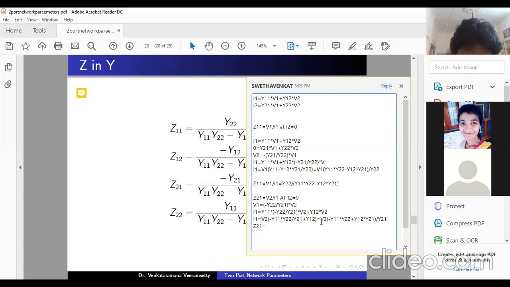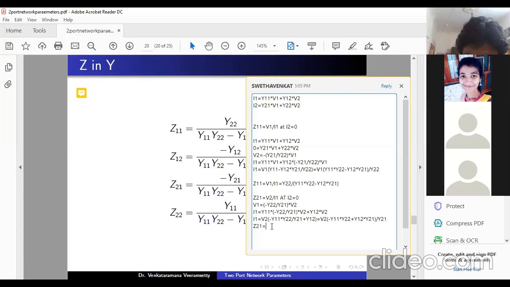V2 by I1 we can write as y21 divided by minus y11 y22 plus y12 multiplied with y21. Now multiply numerator and denominator by a minus sign. So Z21 equals minus y21 divided by y11 y22 minus y12 into y21.